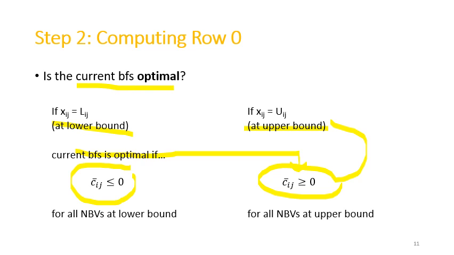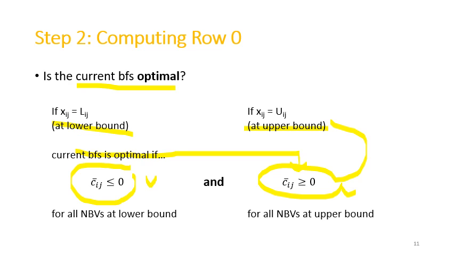To make the current BFS optimal, both conditions must be satisfied for all non-basic variables. If there is any non-basic variable that does not satisfy either condition, it means that the current BFS is not optimal. And that non-basic variable becomes the candidate to go into the BFS to replace one of the basic variables.